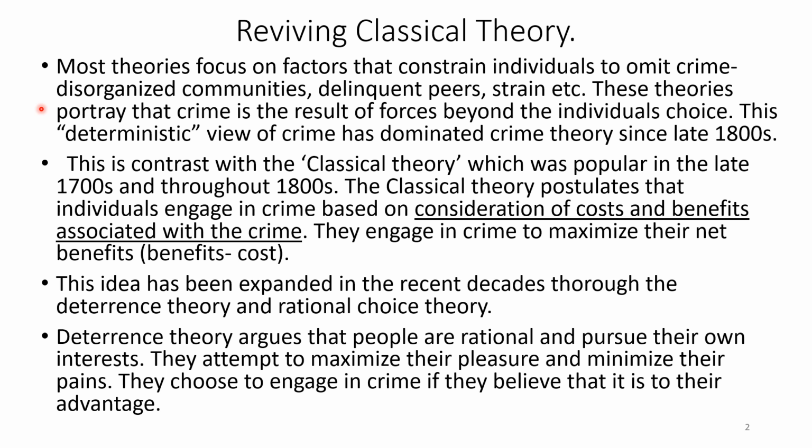The theories range from social disorganization theory to differential association theory to strain theory. This deterministic view of crime has dominated crime theory since the late 1800s. It primarily focuses on the external factors that determine the behavior of individuals affected by the driving factors.